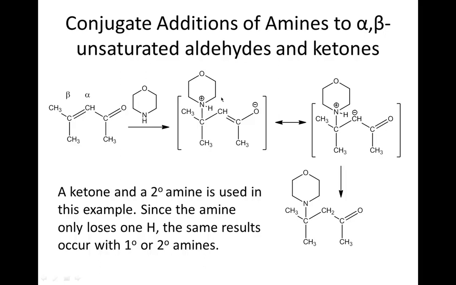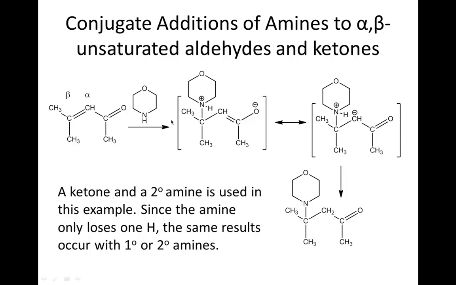And then this hydrogen technically kind of moves over to here, or you could look at the electrons flowing back and picking up the hydrogen here. In any event, if it had picked up here, it would be an enol, and that's in equilibrium with the keto form. And so when we get the hydrogen over to here, then, as I said, it looks like all that happened was that you changed this alkene, that you added the hydrogen to one end and the nitrogen to the other end.